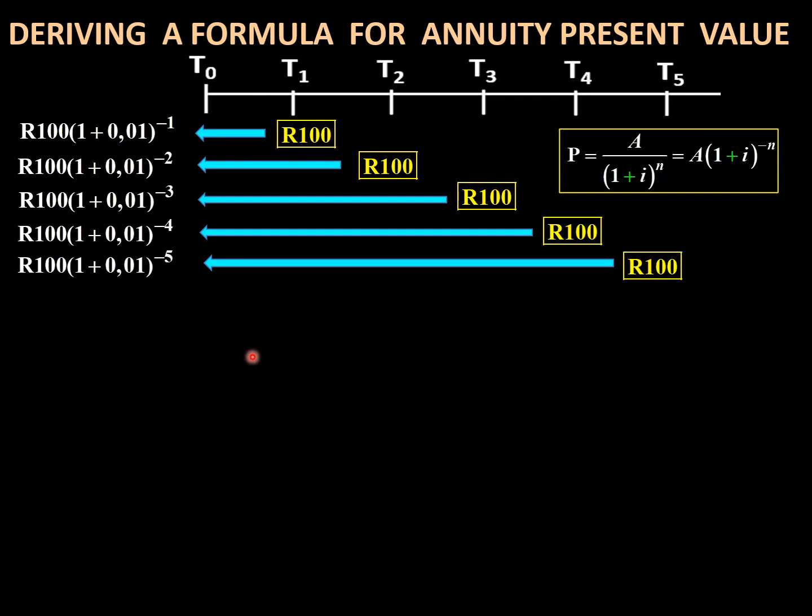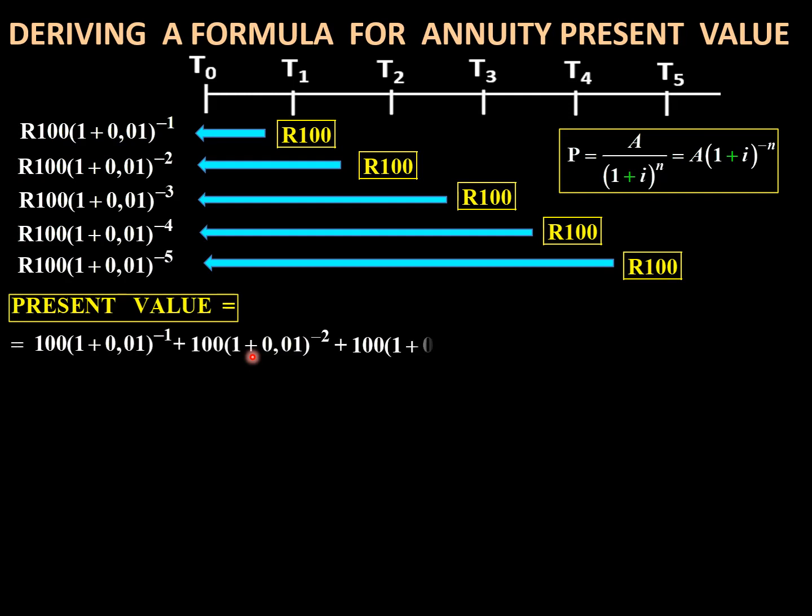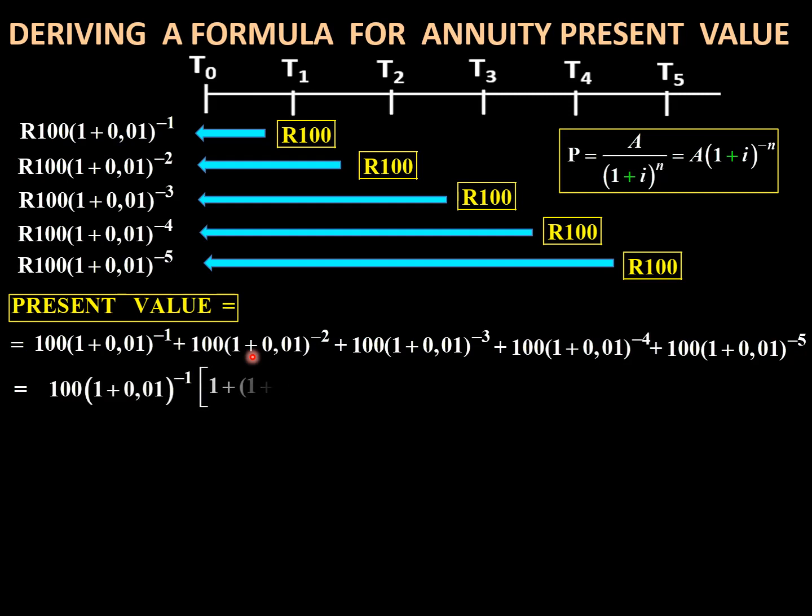Because we want to find the sum of all these present values, we can add them. So there's the first, the second, the third, fourth, and the fifth. And like we've done before, we can take out a common factor. And here you notice the common factor is 1 plus 0,01 to the -1. Take that out, and those are all the terms that we have there.